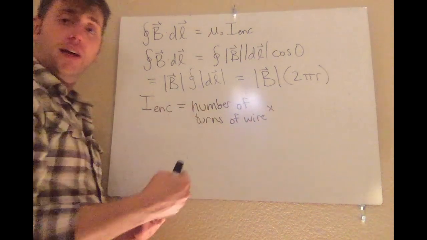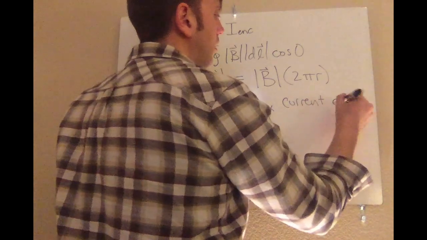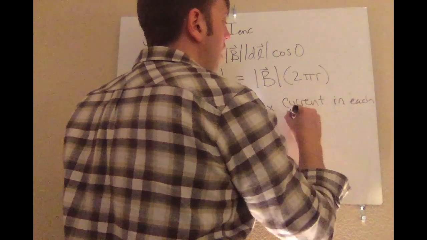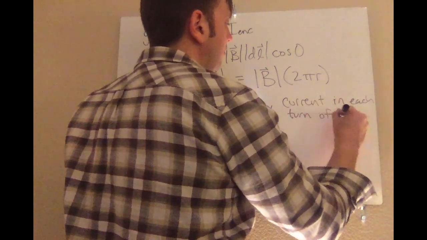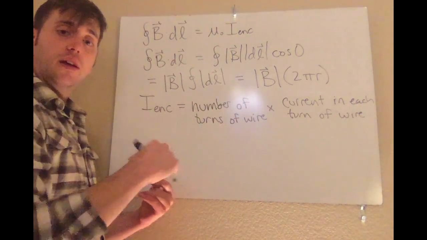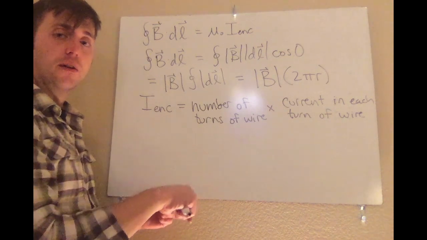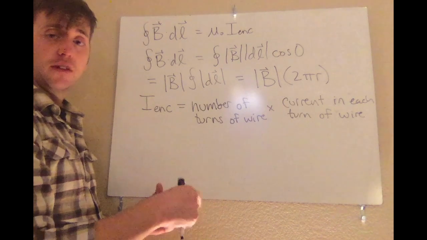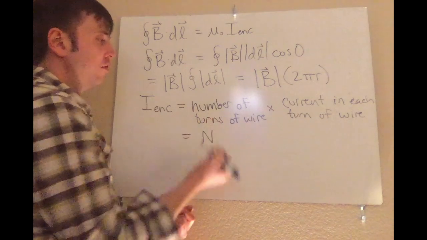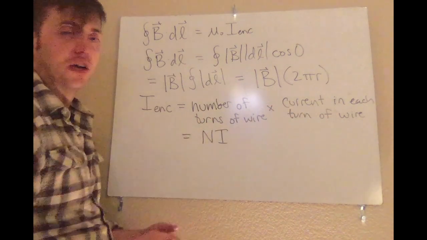And then if we multiply that by how much current is in each wire, or in each turn of wire, then we have the total current we're enclosing. Okay, so we have to account for the fact that we're enclosing the current in all those different turns of wire in our Amperian loop. And so that's actually a fairly big number. So what we have is N, that's the number of turns of wire. I, that's the current in each one of them. So that's what we're doing here.